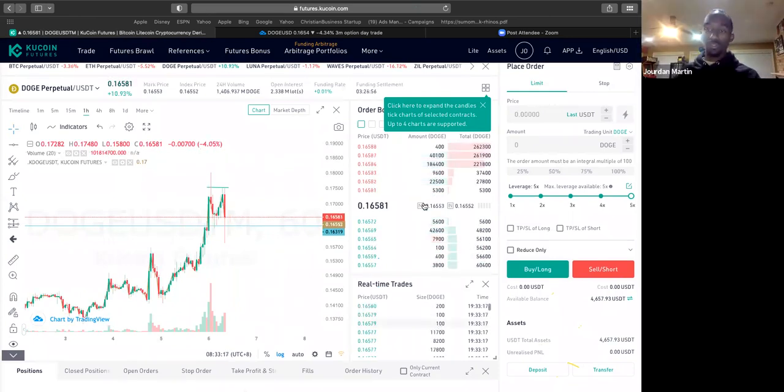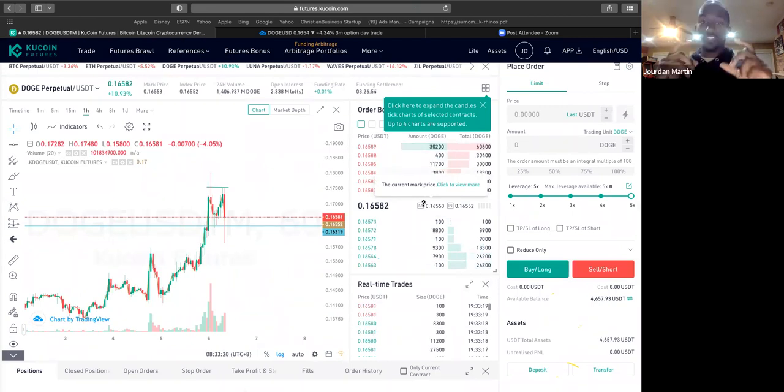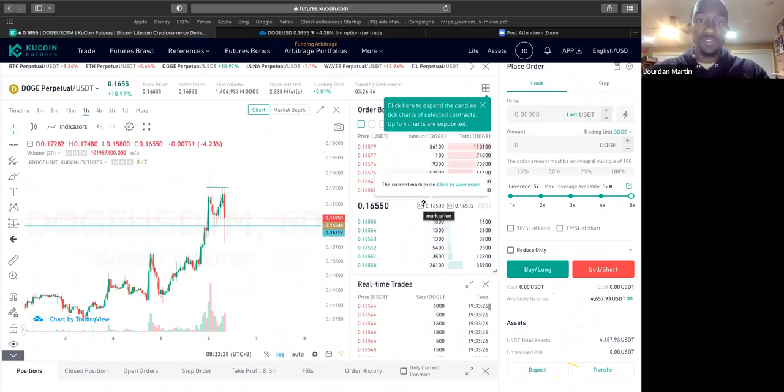So when you're doing that, the actual functionality will vary from platform to platform. But when you're depositing or withdrawing crypto, you're typically going to have an option to withdraw to a wallet, and so you have to put in your wallet address.